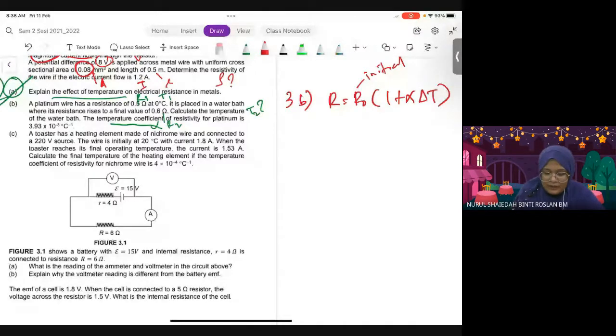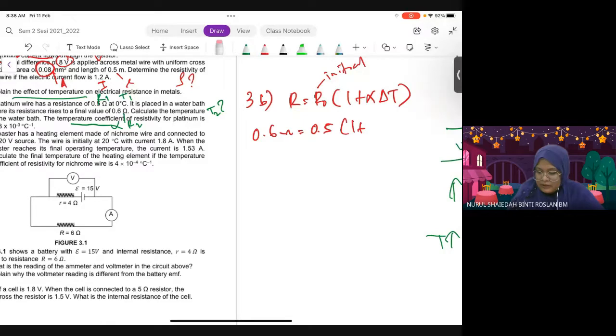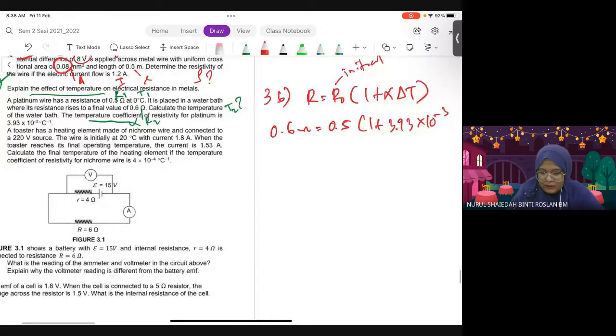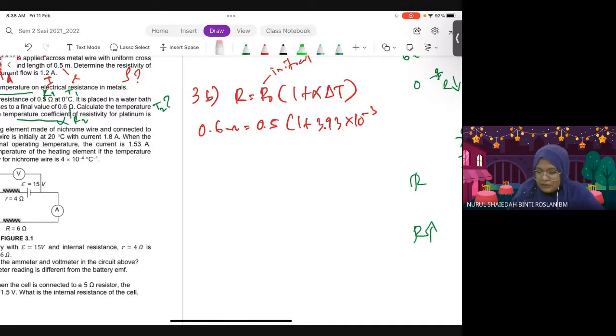Okay, so R final you tadi berapa? 0.6 ohm, R initial 0.5, 1 plus alpha 3.93 power of negative 3. And then your temperature adalah T final tolak T initial lah. So T final you nak cari tolak 0.